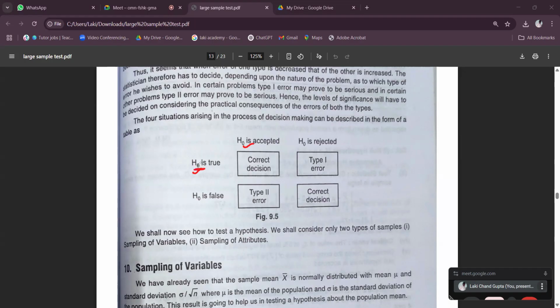If H0, the null hypothesis, is true but it is rejected, then this is type 1 error. And this is called alpha, also called level of significance, right?